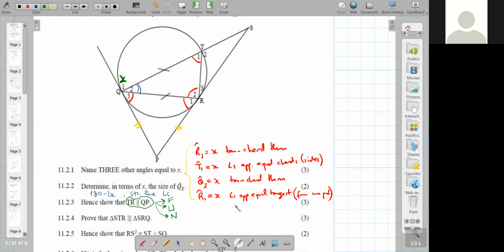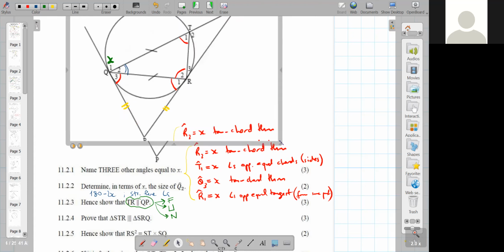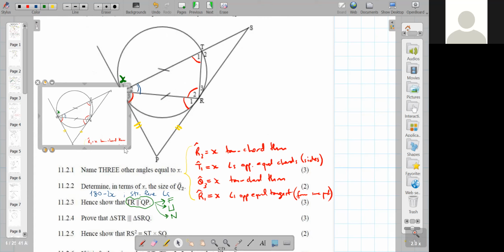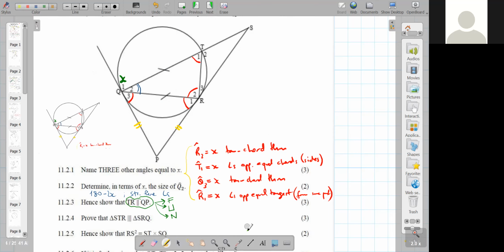Now, looking at what we already have, let me just highlight that part. Actually, you can draw another picture and make it smaller to see what it is about. I just want to show that part here.